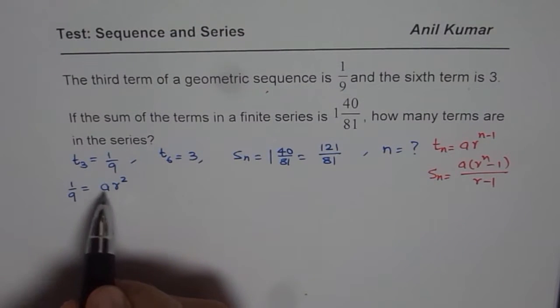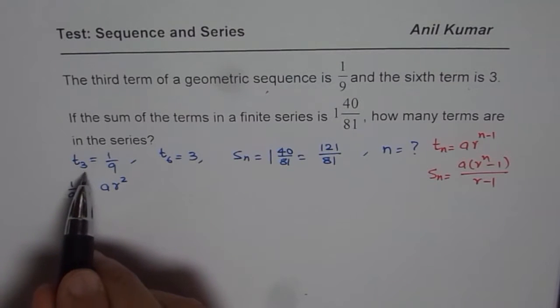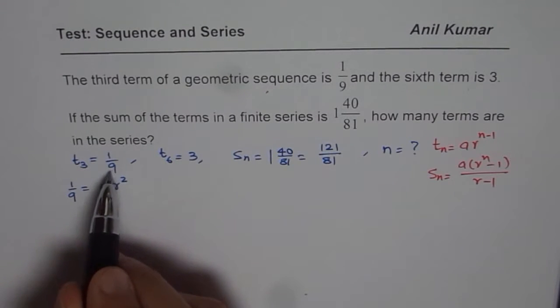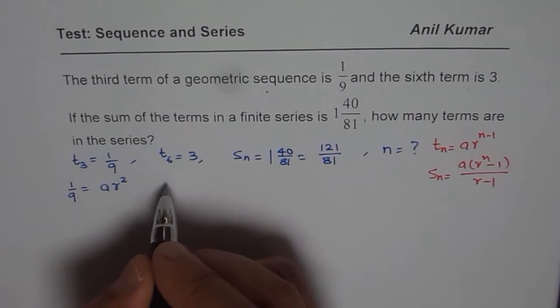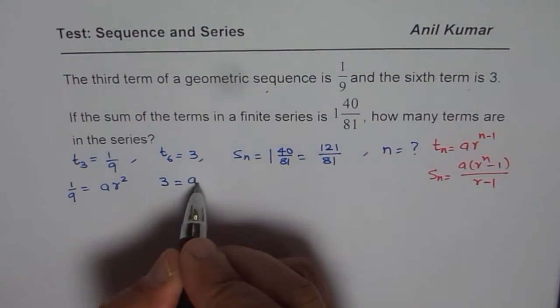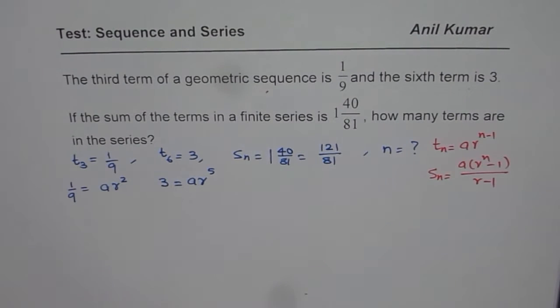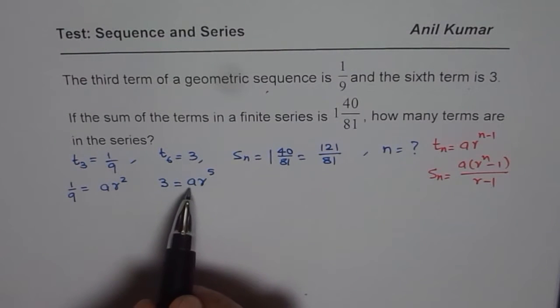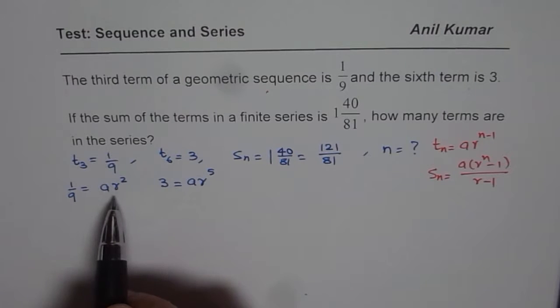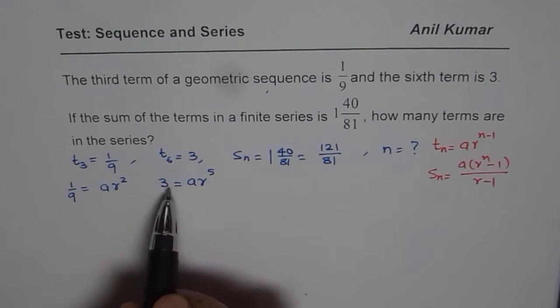This is the equation which I get from knowing that the third term is 1/9. Now the sixth term is 3, that means 3 equals a r to the power of 6 minus 1, which is 5.